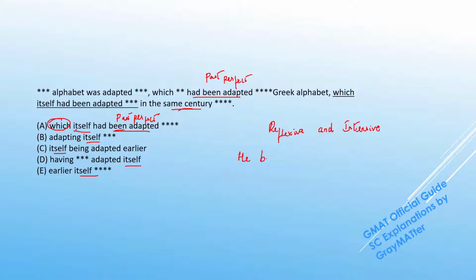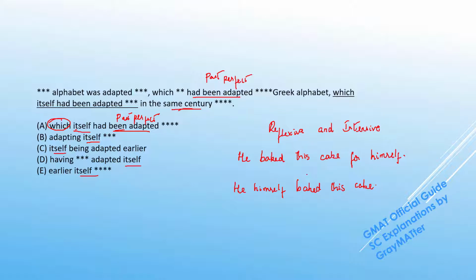He baked this cake for himself. And this example, he himself baked this cake. So one thing to note here is that both reflexive and intensive pronoun end with self or selves.